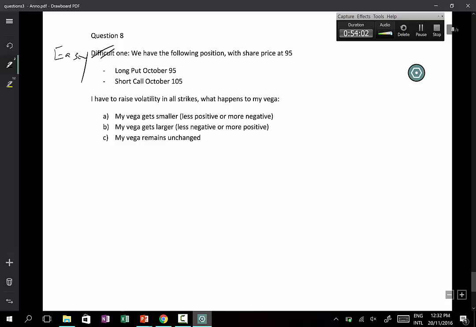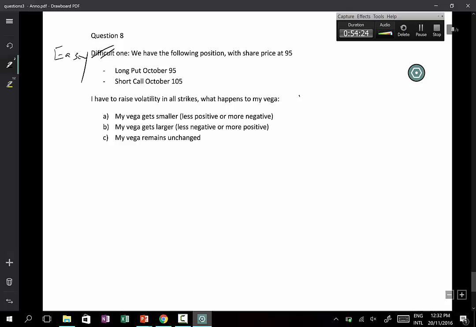Now, we have the following position with share price at 95. So you're long a put, which is at the money, and you are short a call, which is out of the money. All right. So what does that look like?